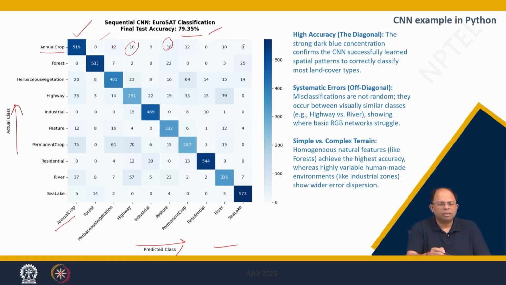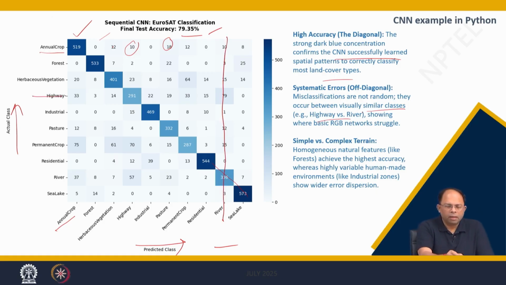So we find that the diagonal is the prediction of the same class to the same class, so this shows that we have very high accuracy of prediction. The dark blue concentration confirms that the CNN successfully learned spatial patterns to correctly classify most land cover types, and there are some systematic errors. Misclassifications are not random, they occur between visually similar classes such as highway versus river, where we will see that this is the river and this is the highway, right?